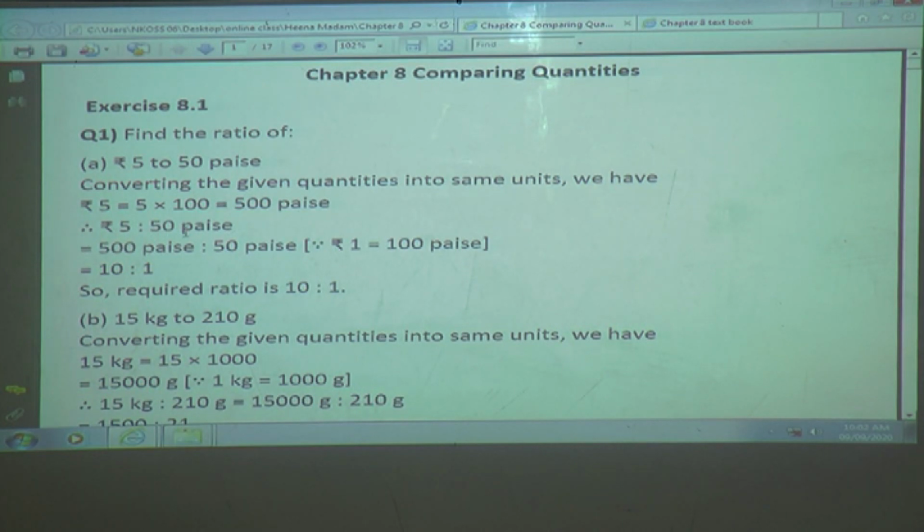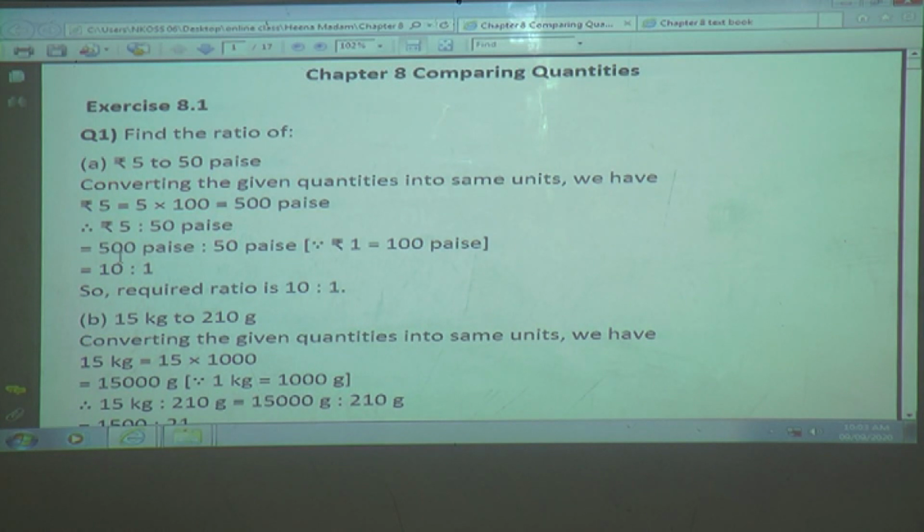So this is our question. In place of rupees 5 we write 500 paise, so the ratio is 500 paise to 50 paise. Here both the units are now the same, because 1 rupee is equal to 100 paise and we converted rupees 5 into 500 paise.